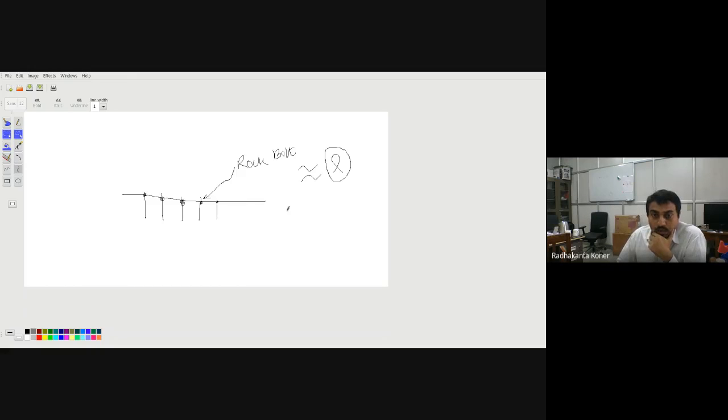Rather, we will use L1 length, L2 length, L3 length like this. This is another case. First bolt is this, second bolt is this, third bolt is this, fourth bolt is this, fifth bolt may be like this.